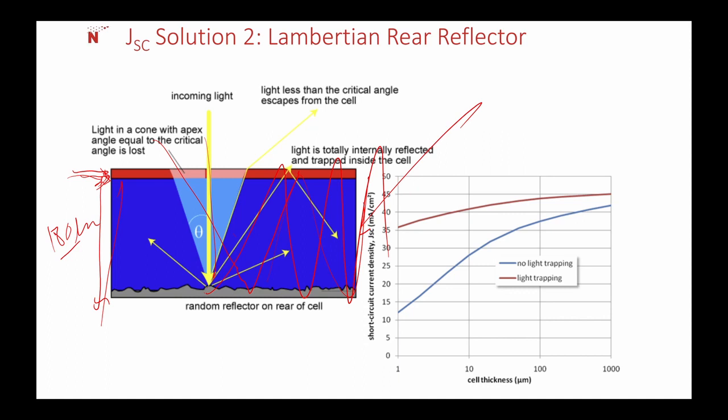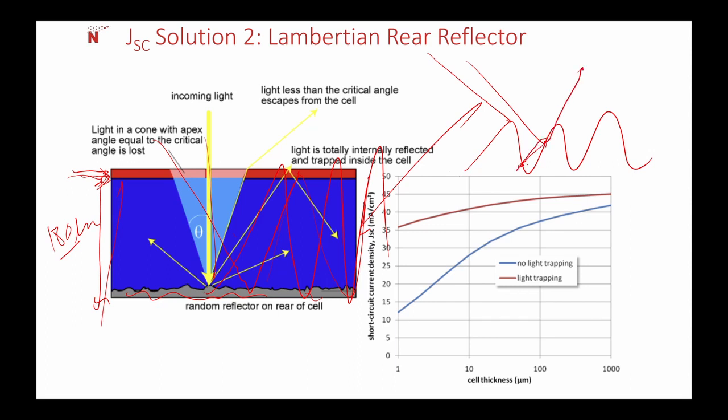Another thing that should be done is that the bottom surface should have some roughness. Roughness in the sense that if light is coming like this and the surface is rough like this, it will get reflected back in this direction, and then in this direction.